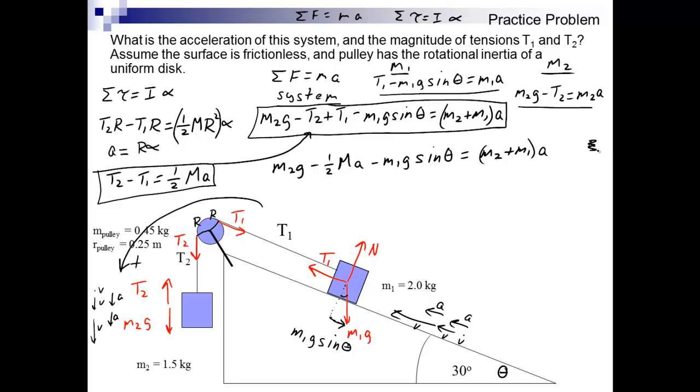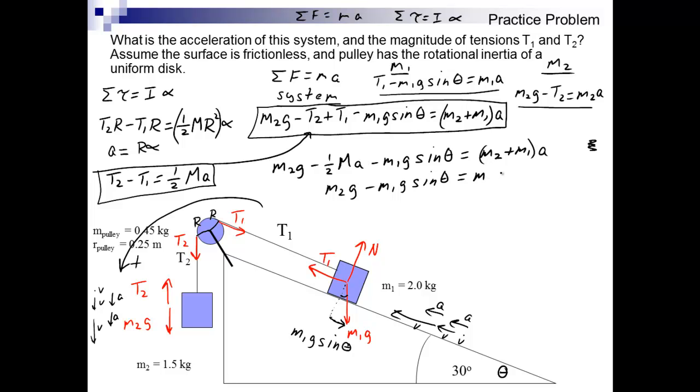Okay, so we combine the like terms. On the left-hand side, I'm going to have M2G minus M1G sine theta. And on the right-hand side, I'm going to add the 1/2 MA.